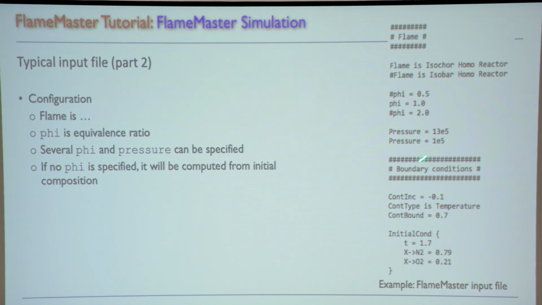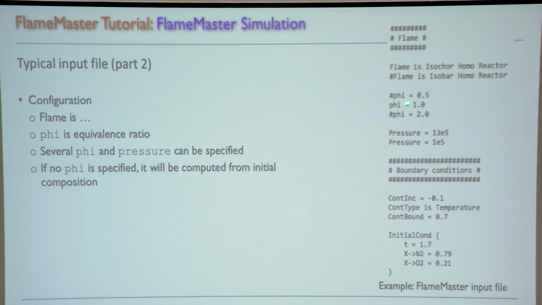And then this here is interesting for the homogeneous reactor. We specify initial conditions. X here means the mole fractions. I could say Y is mass fraction. But because I specify the equivalence ratio, this is not being used. And then T is the temperature. So what does T equal to 1.7 mean?